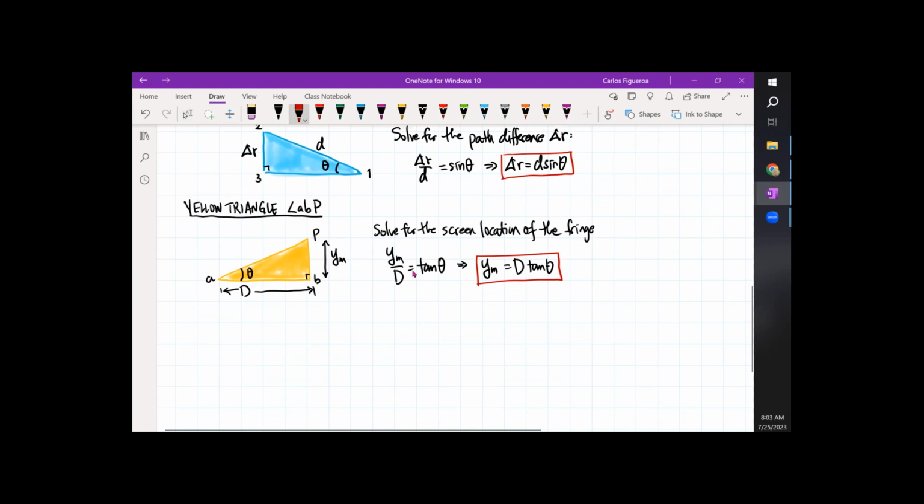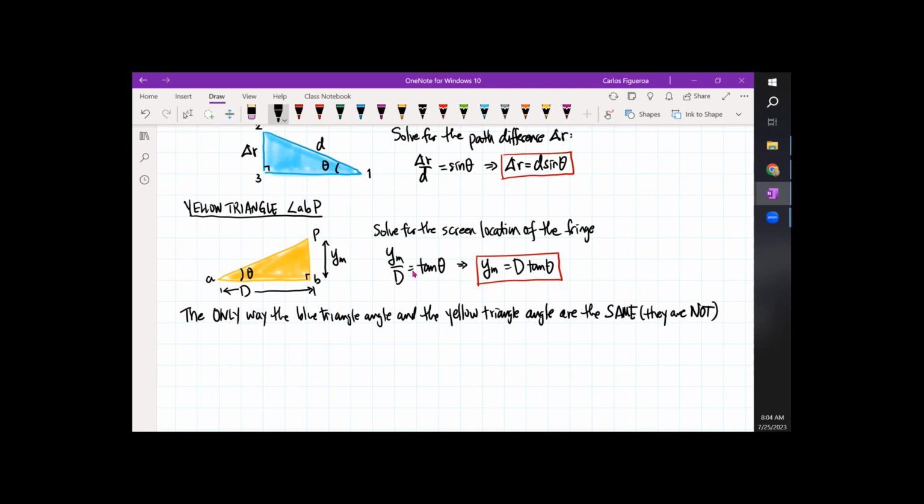Okay, so the only way the blue triangle angle and the yellow triangle angle are the same, because remember, they are not the same, is if little d is much, much smaller than the screen separation.